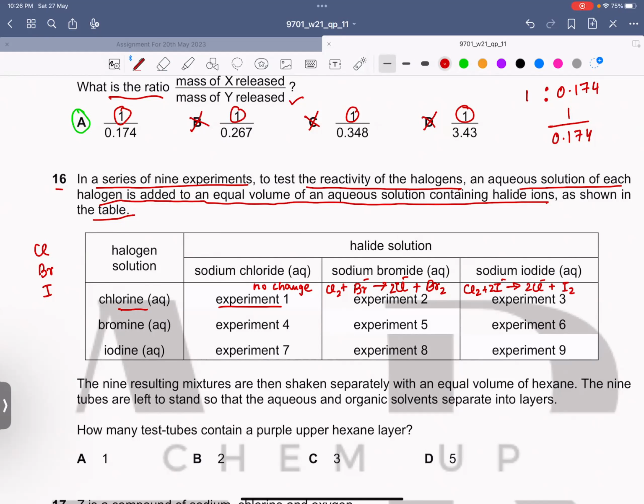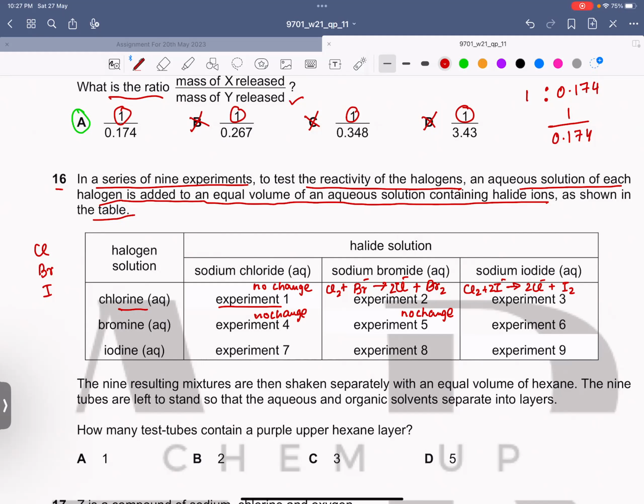Then in case of bromine, when we add bromine to sodium chloride, no change. Add to sodium bromide, here again no change. Okay.